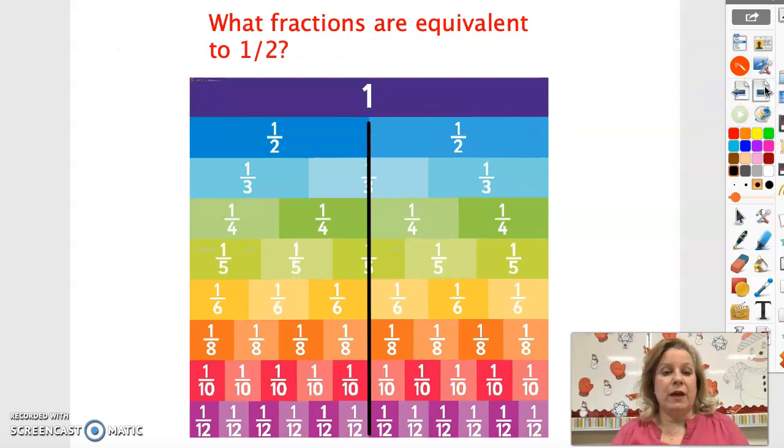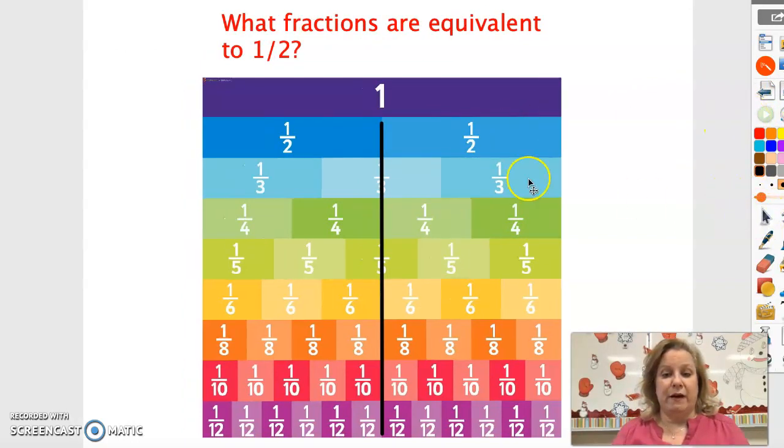The first one we want to look at is a half. Here I've found my half mark on my second strip, and I just put that line all the way down. So what I can see is 1/2 is equal to, now look at 1/3, it goes right through that second section of thirds, so that would not be equal. But look at fourths, it actually lines up with the end of 2/4.